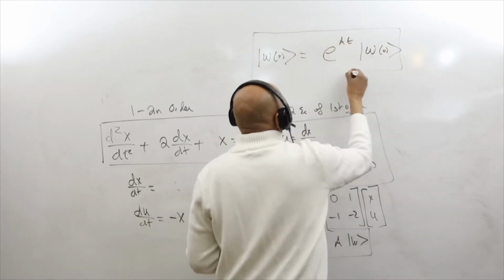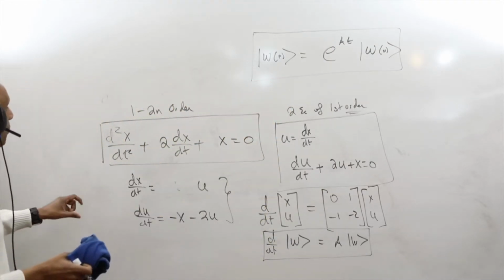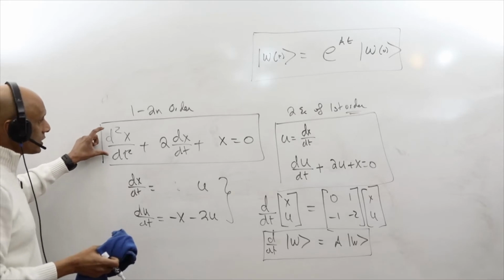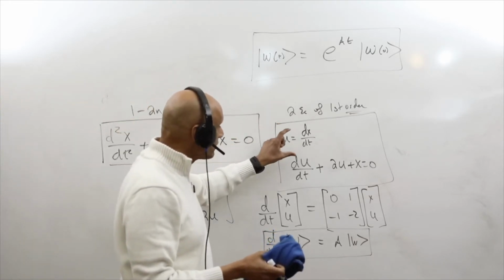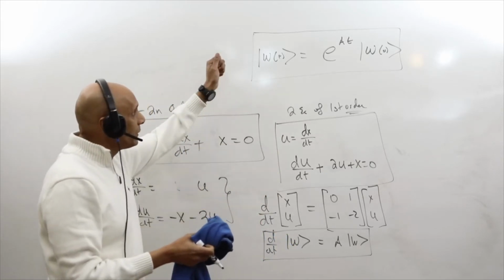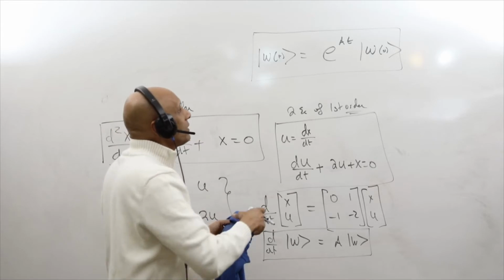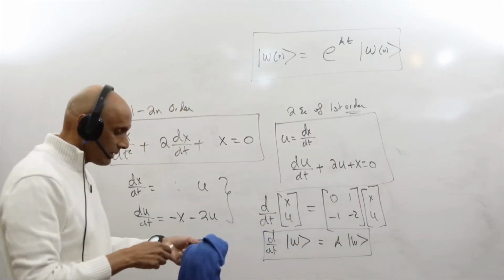I can expand this out, but the main idea I want to get across is that we've taken a second-order differential equation into two first-order differential equations, and a first-order differential equation like this is very easy to solve. For example, this is the abstract solution. You might say, what is an exponential of a matrix? I'll have to make some more videos of this.